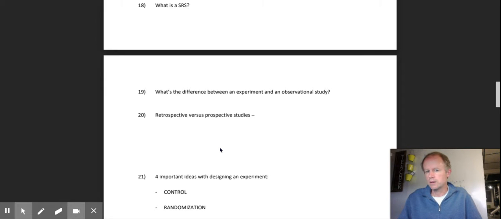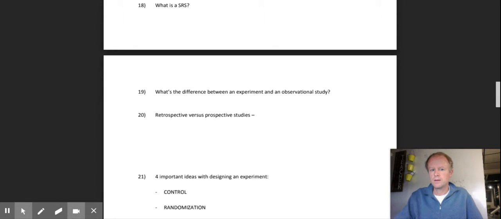In an experiment, we are imposing something. We're giving it some sort of treatment. The other big thing is with experiments, we can prove or show cause and effect much better than we can with observational studies. Retrospective versus prospective studies. Retrospective is in the past, something you're looking back on. Prospective studies, we're looking forward.